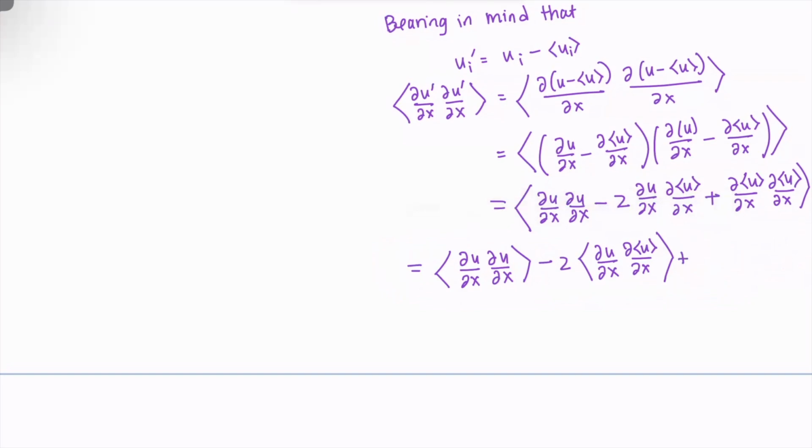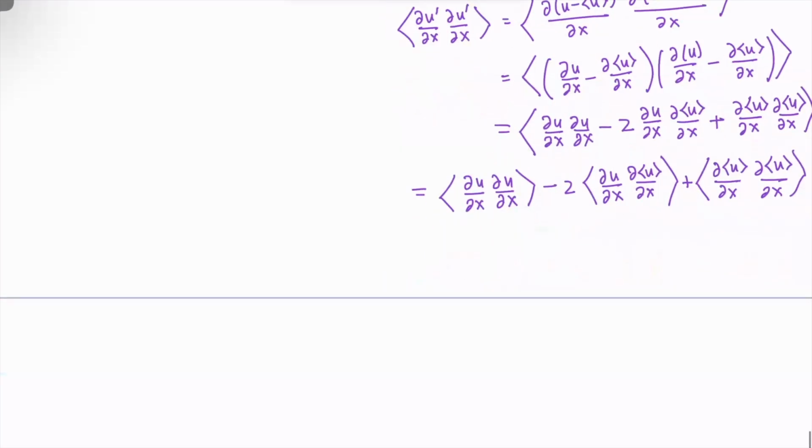Okay, plus the mean of partial u partial x, partial u partial x. All right, if you recall, when we have the mean of a mean, it's just the mean.